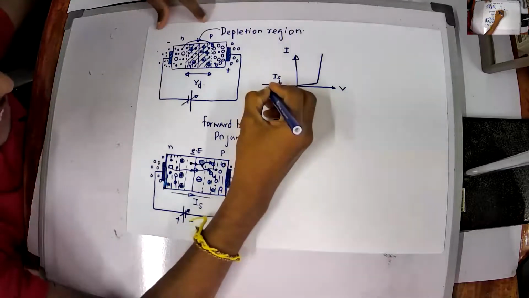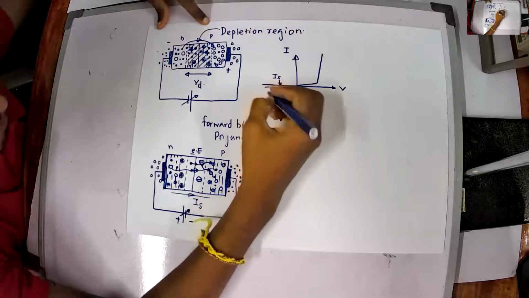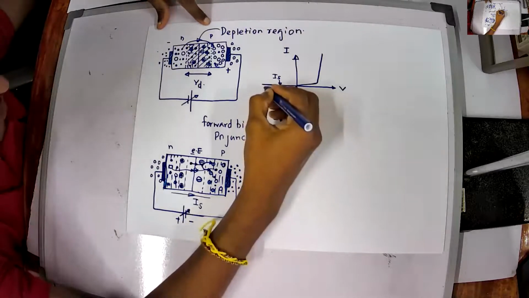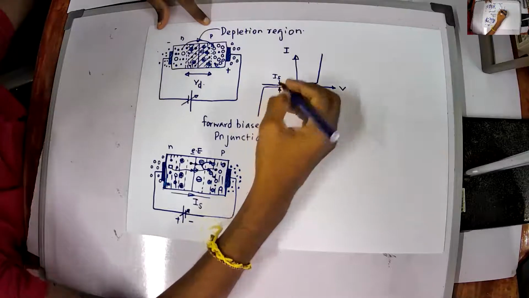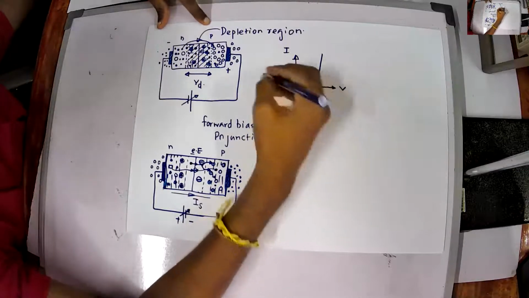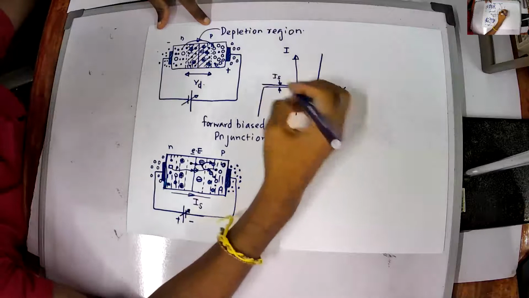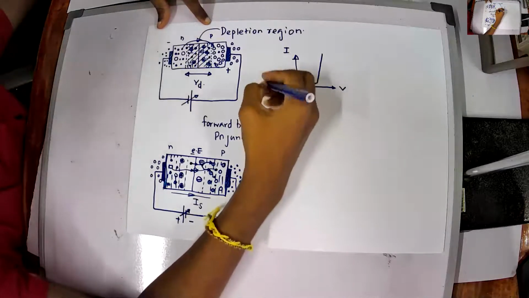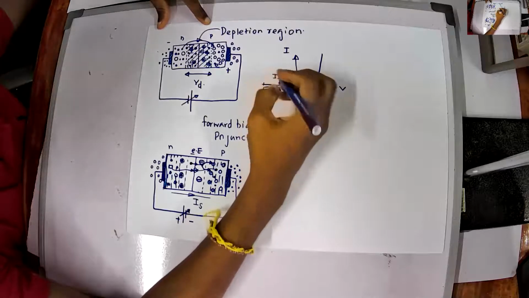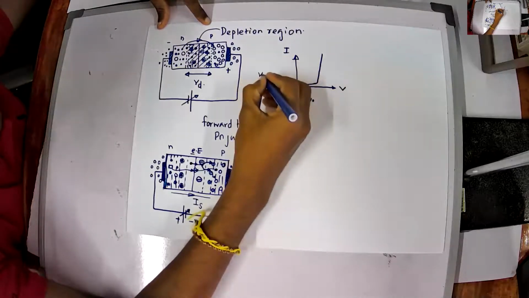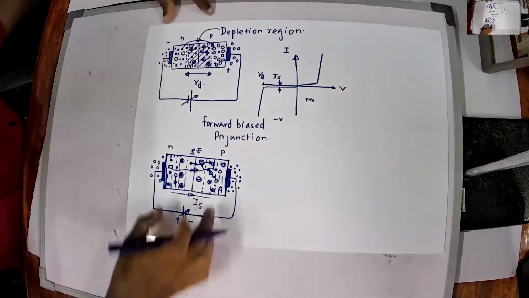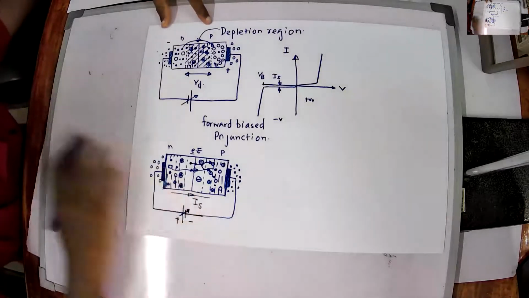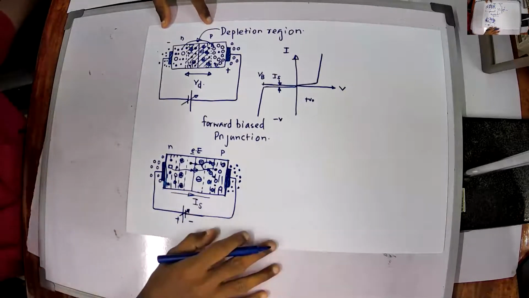At this condition, due to carrier multiplication, you will have a huge current, but in the opposite direction. You will have a huge reverse bias current, and this voltage is called VB, which means the diode has completely broken down.